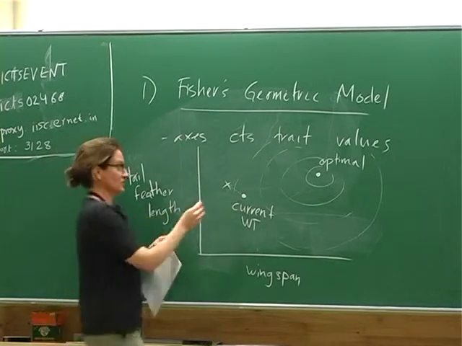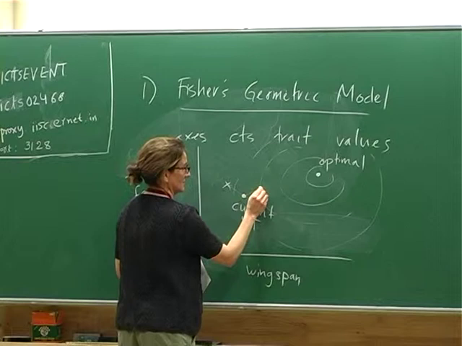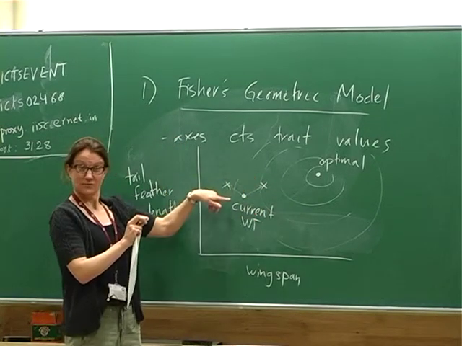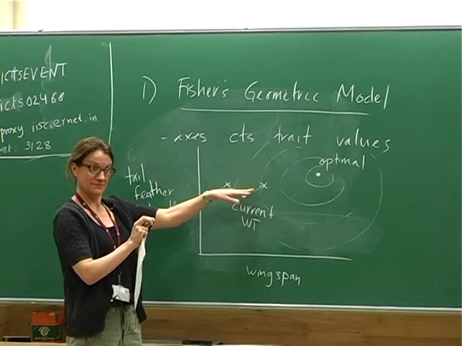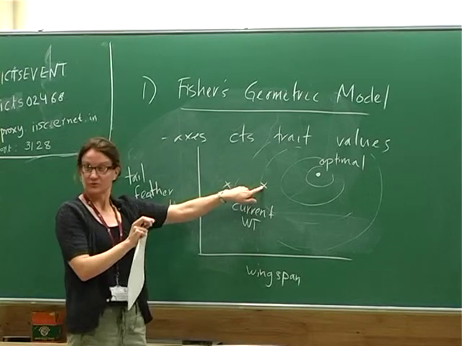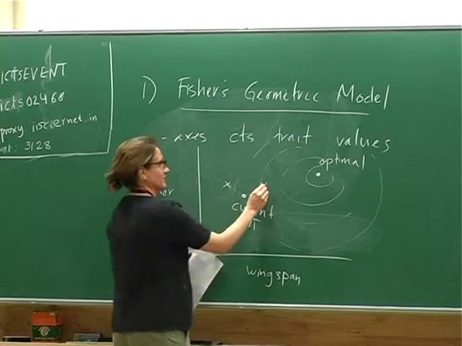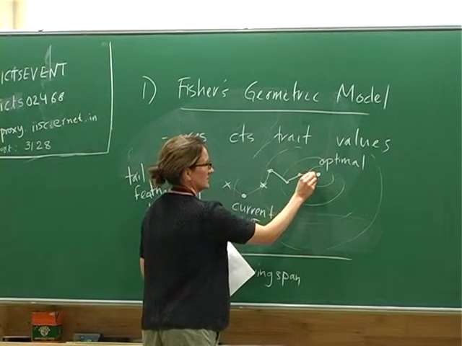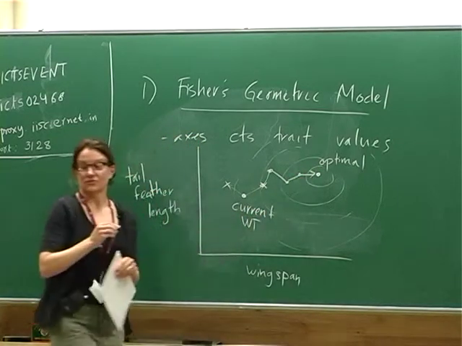But a rare beneficial mutation might take trait values here, and it would have higher fitness than the wild type, and it might fix, and then the population would move to here. The random walk in 2-space is a little easier to see, and might move towards the origin over time.